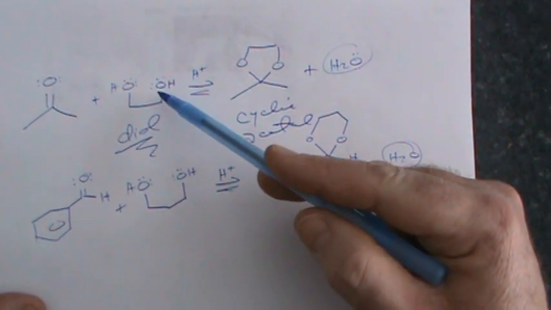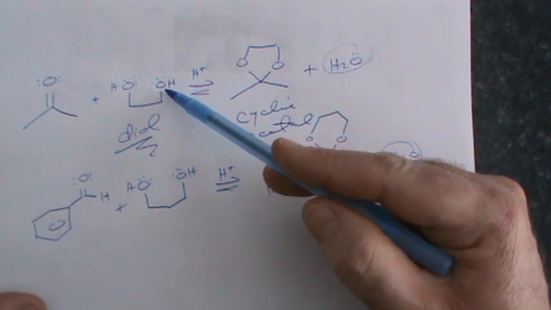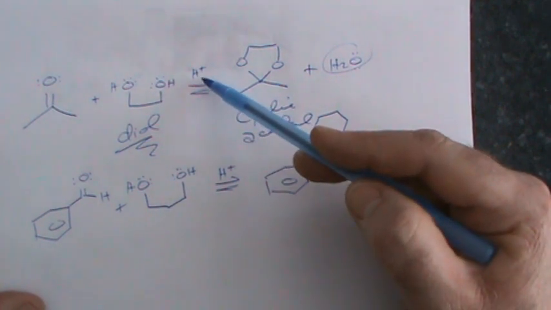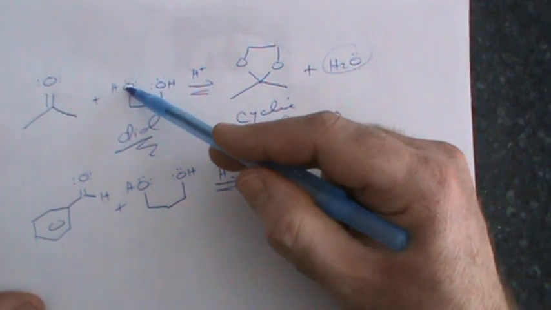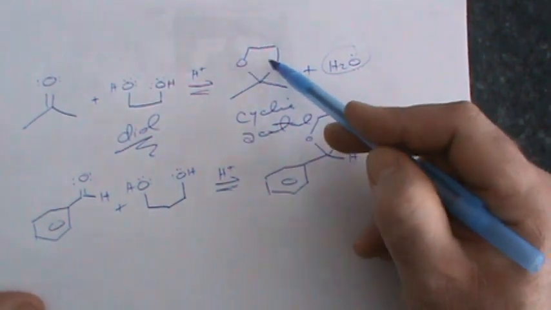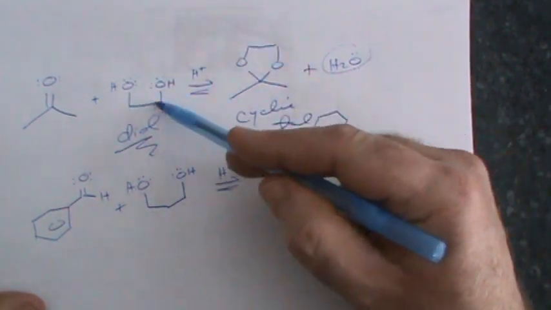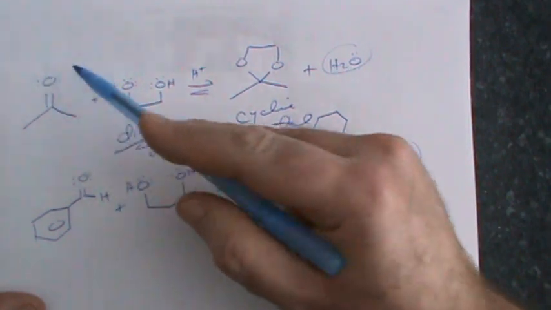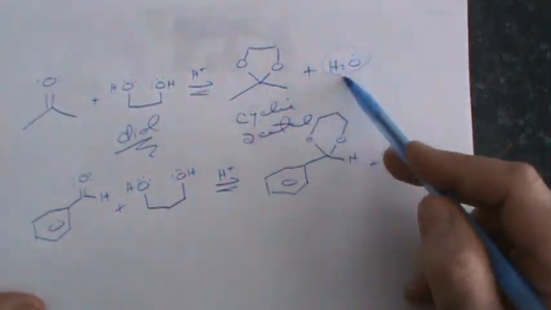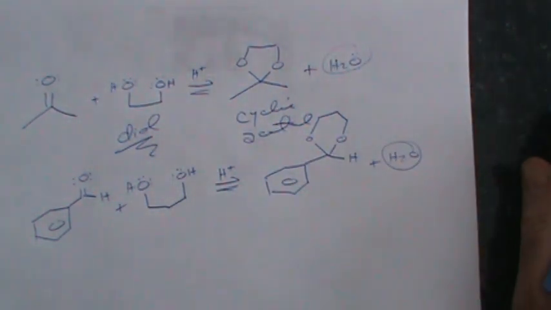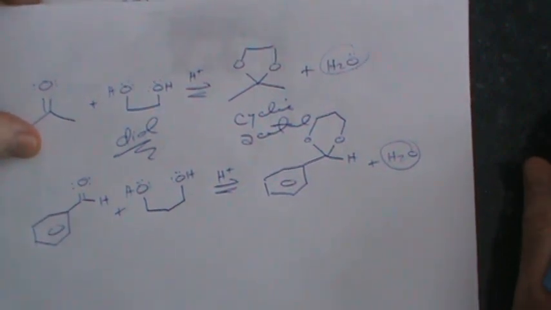Once again, I'd use a big excess of the diol. Might even use it as my solvent under acidic conditions. 2 alcohols are going to add in. They happen to be tethered together. That oxygen and those 2 hydrogens form water. The mechanism is identical even in this case where you're forming a cyclic acetal.